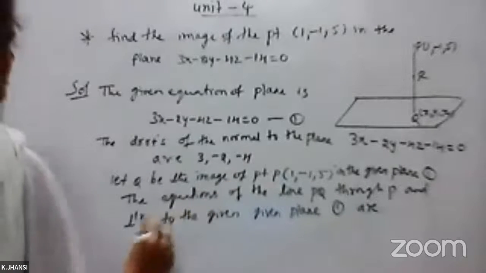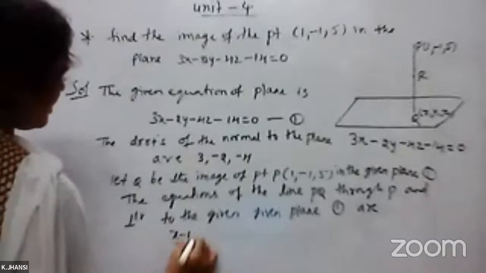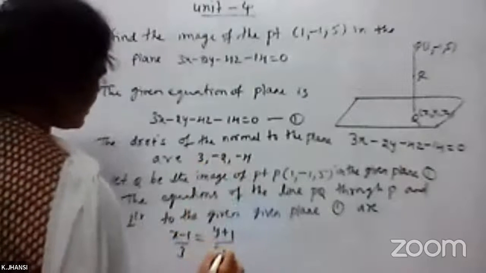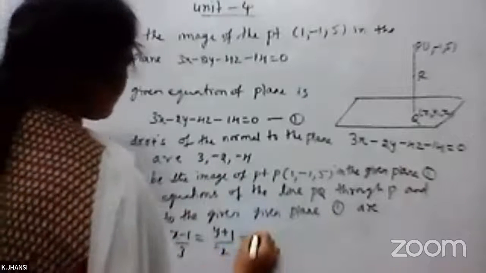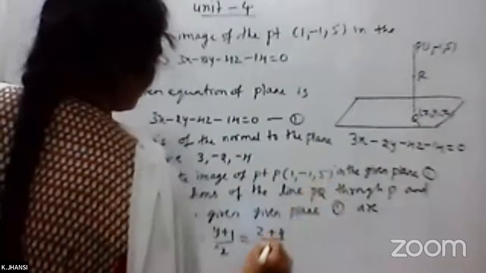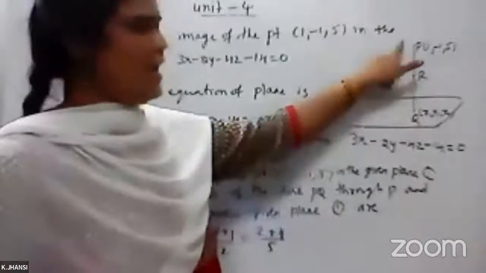So the point is (1, -1, 5), and the direction ratios are 3, -2, -4. So the line is (x - 1)/3 = (y + 1)/(-2) = (z - 5)/(-4). Okay, this is the line equation. We are getting PQ as a line equation.